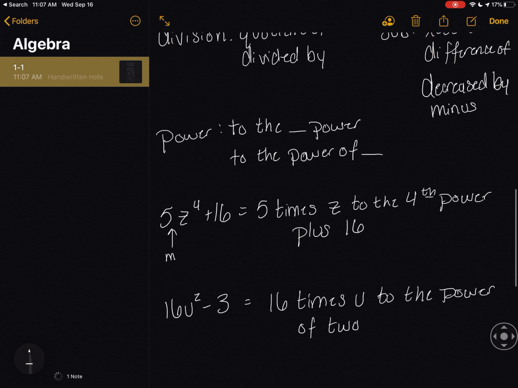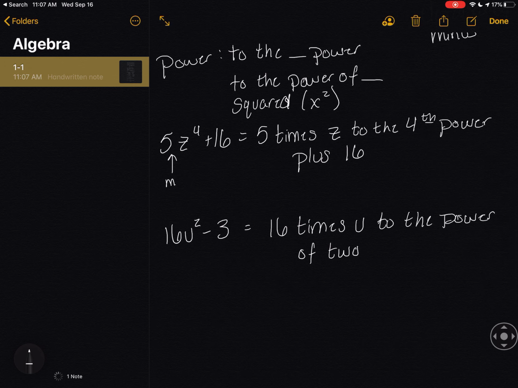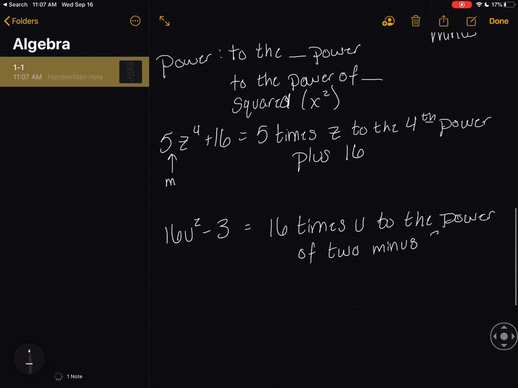If it's squared, that means that I have something to the 2nd power. So I could have said u squared minus 3.